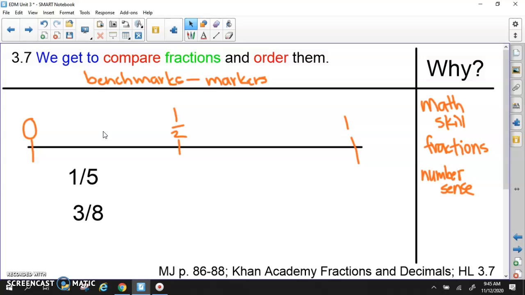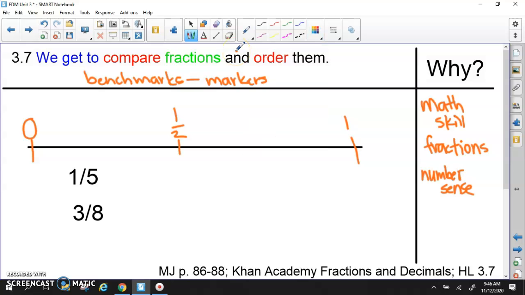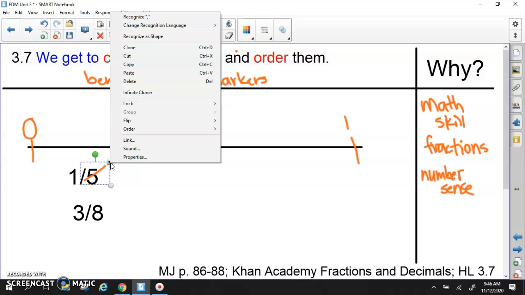I know that a multiple of both of these numbers is 40. If you counted by 5s, 5, 10, 15, all the way up to 40, everybody knows that, right? I also know you can do 8. 8 times 5 is 40. I want to write these a little different.